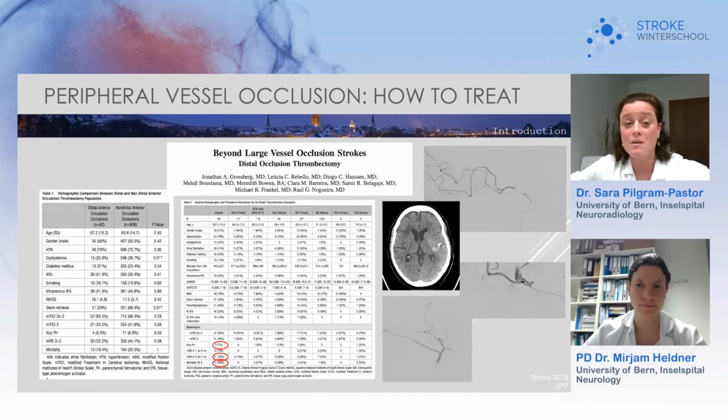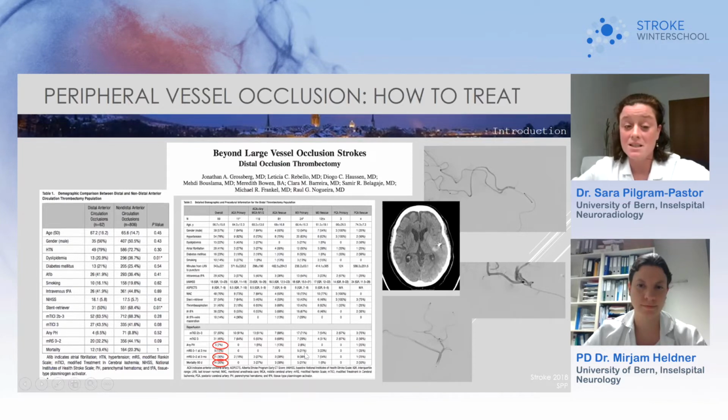We have one larger series of patients, which is called Beyond Large Vessel Occlusion and was published in 2018 by Grossberg. They took all those distal vessel occlusions together, and they found not only a good point, they also found a mortality of 20%.